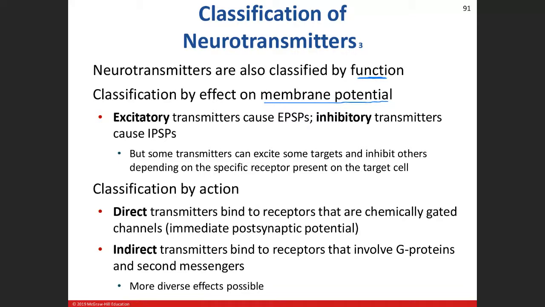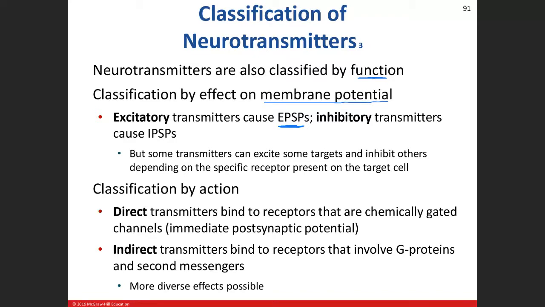If these guys are excitatory neurotransmitters, they're going to create EPSPs, which means they're going to open up the chemically gated cation ion channels. If they're going to be inhibitory neurotransmitters and generate IPSPs, then they're going to open up potassium channels and chloride channels.